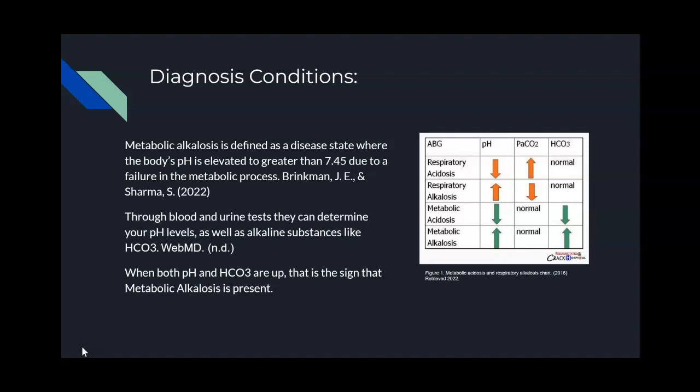Now, through blood and urine tests, they can determine your pH levels as well as alkaline substances like bicarbonate. And this can be seen on the side image here. And when pH and bicarbonate are up, it is a sign of metabolic alkalosis being present.